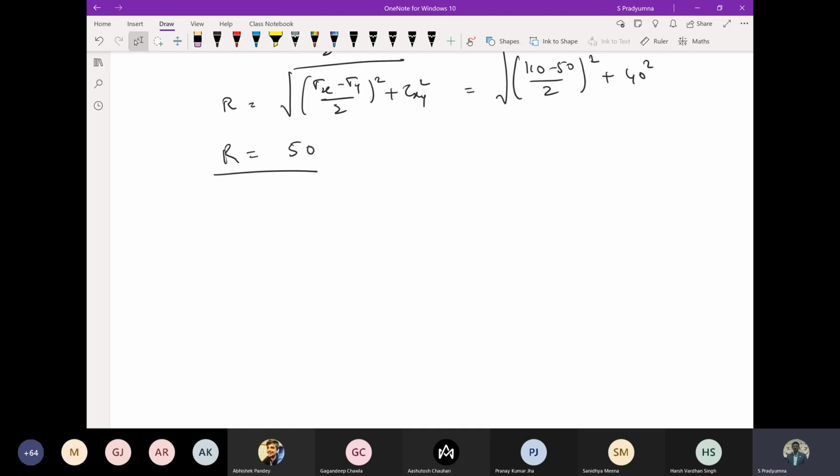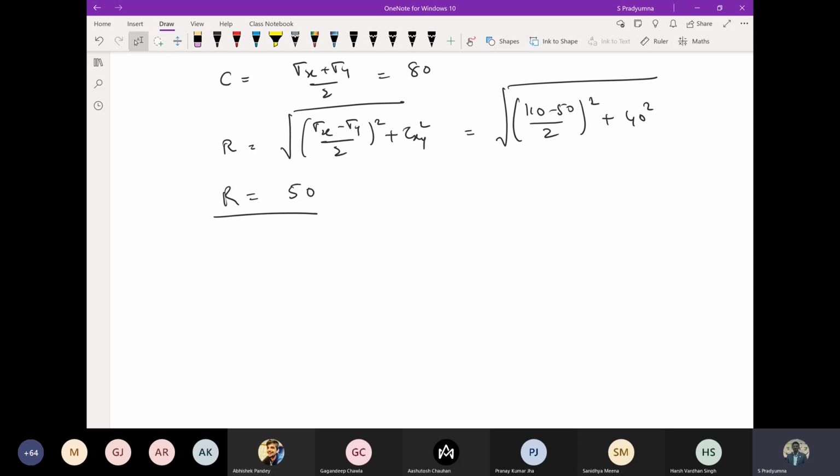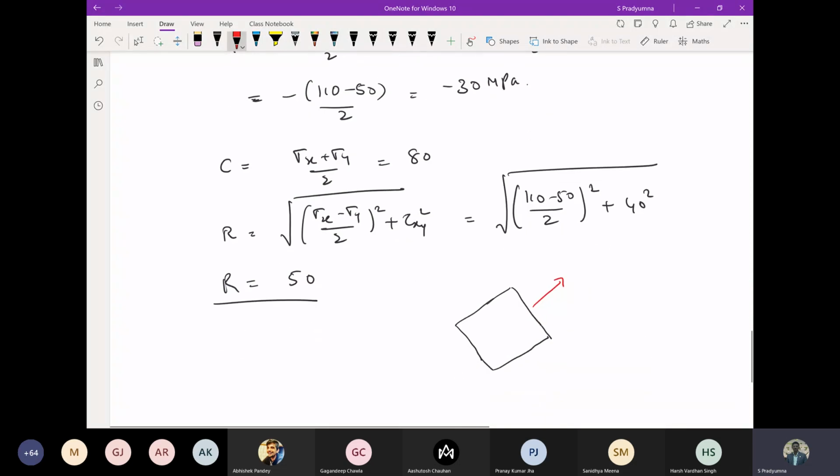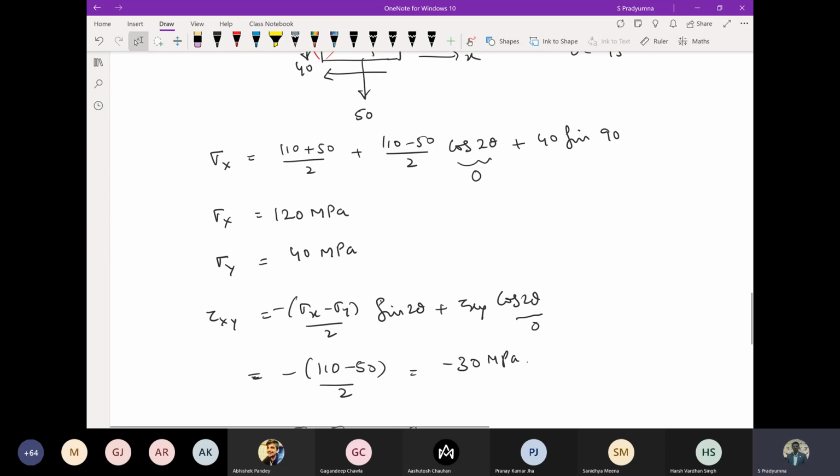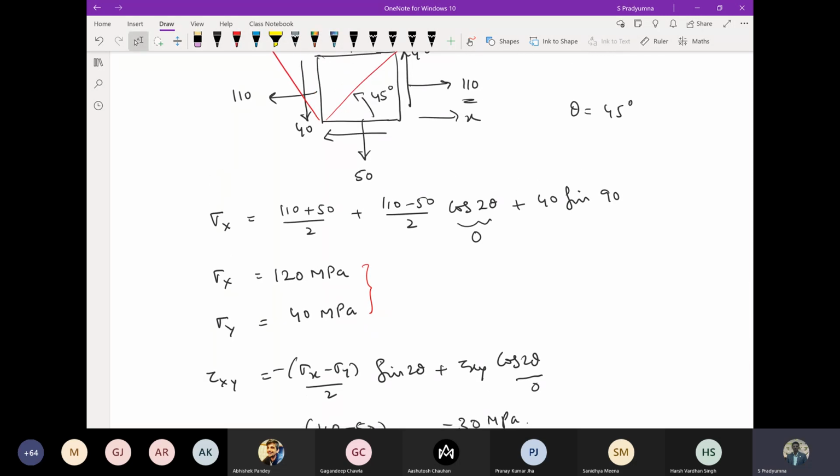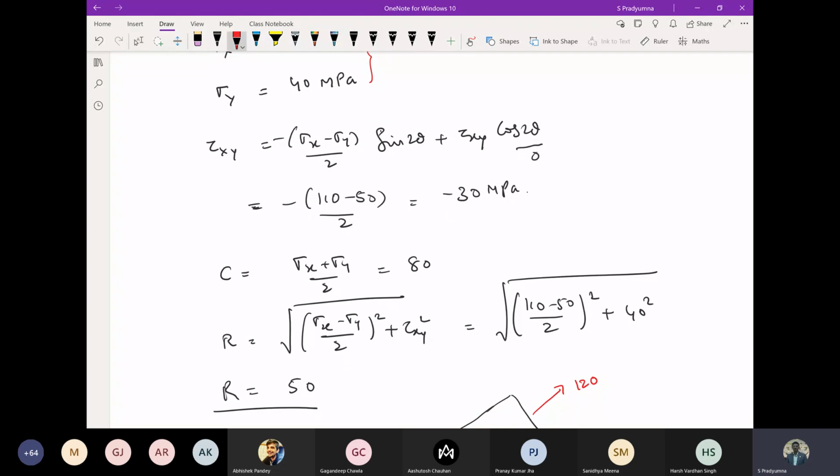Now I can consider the rotated element. The rotated element looks like this. Here the value of sigma capital X is 120. One thing that is interesting: even if you take sigma x plus sigma y by 2, you also get 80. So it is not necessary that you consider sigma small x and sigma small y, because for getting the center, this is an invariant.